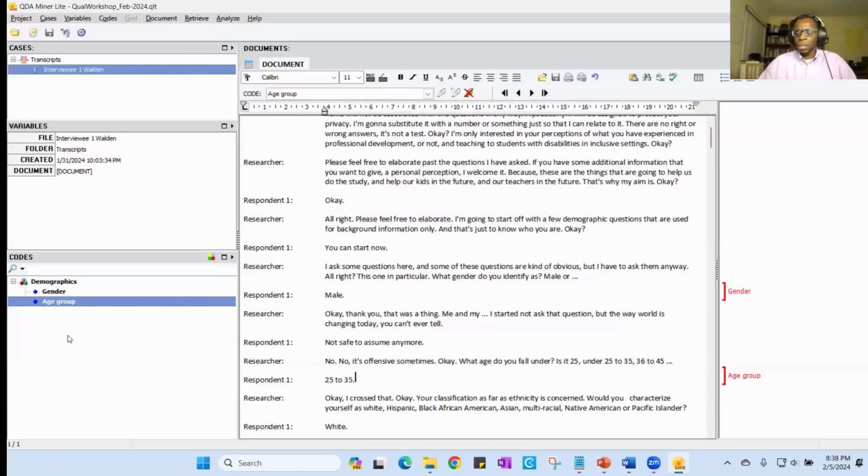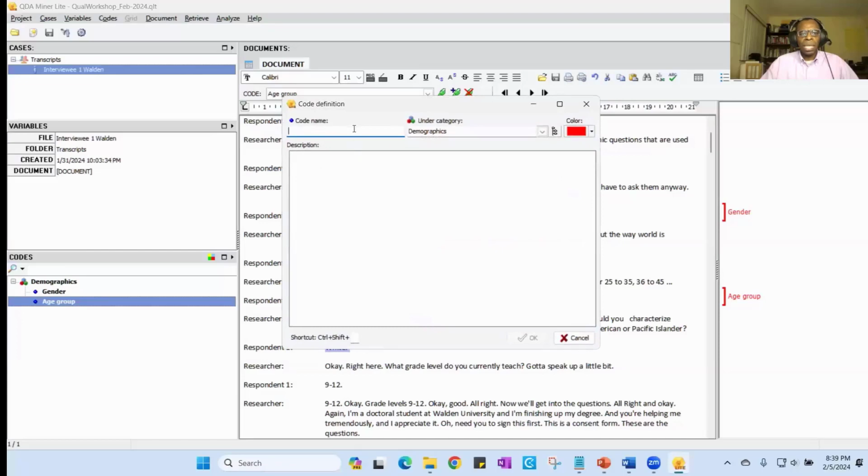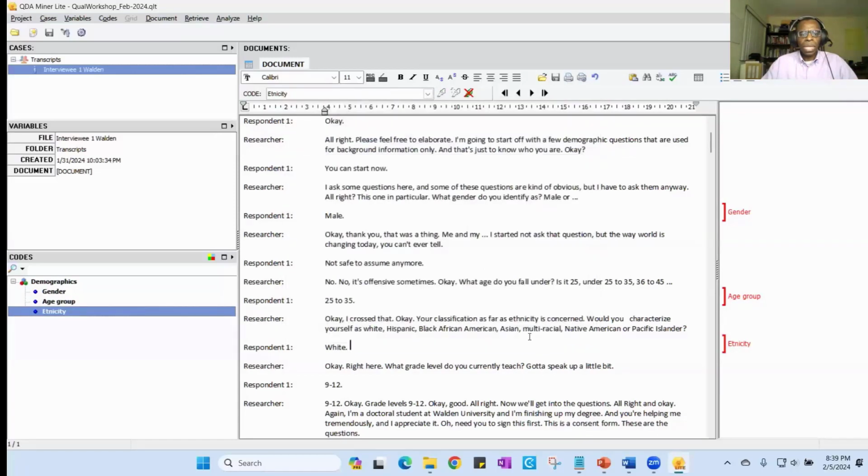Next is ethnicity. So we're going to highlight that, click on the green marker with the plus, and type in ethnicity. Make sure it's spelled right.